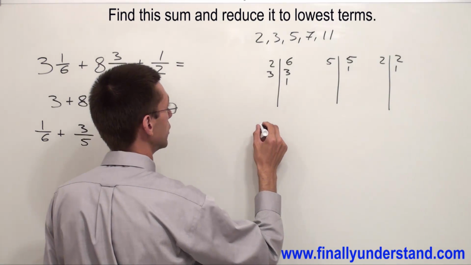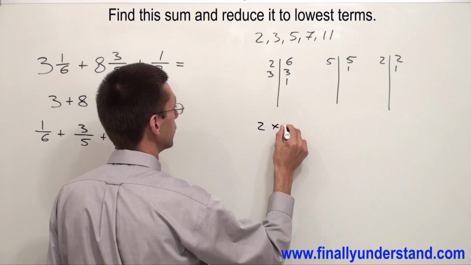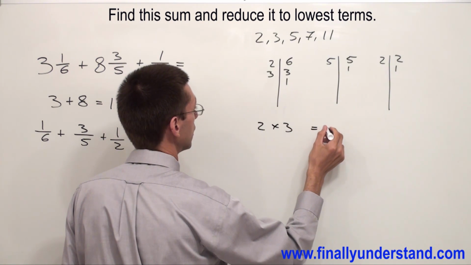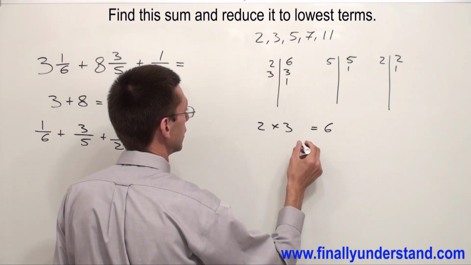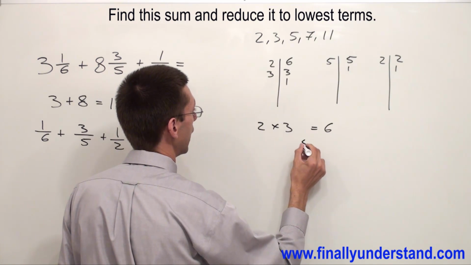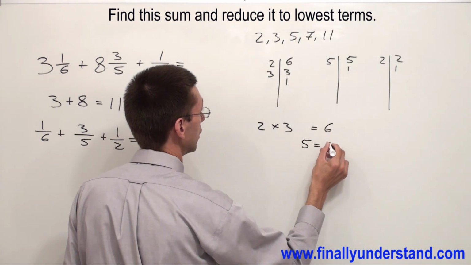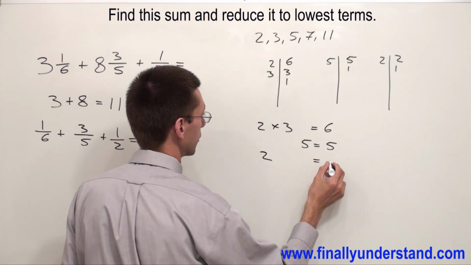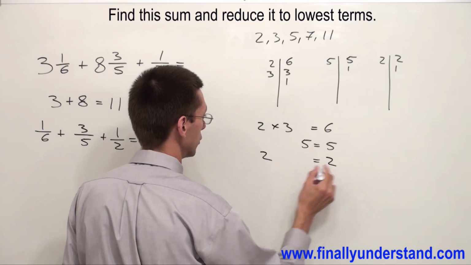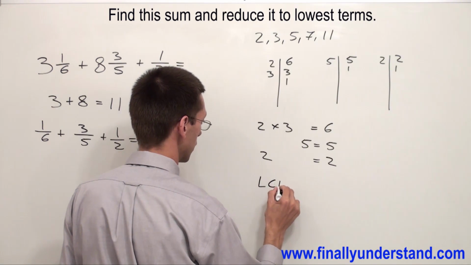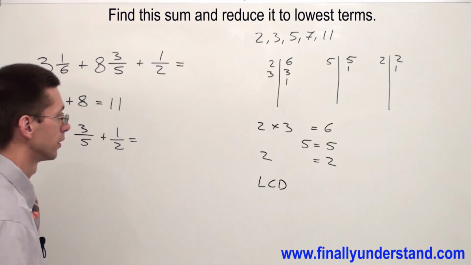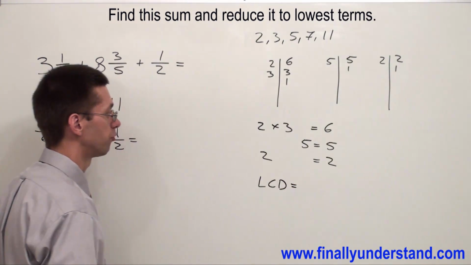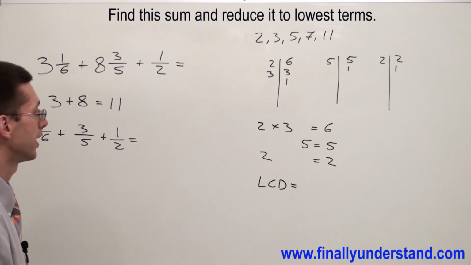So in other words, I can say this is 2 times 3 is equal 6. And I can say 5 is equal 5. 2 is equal 2. LCD, lowest common denominator, is the product of different numbers and highest powers.